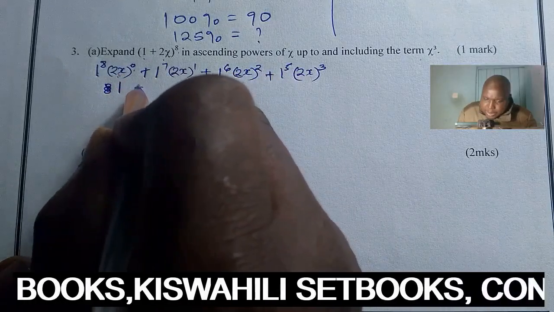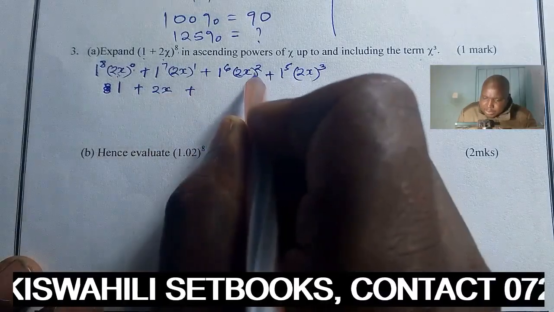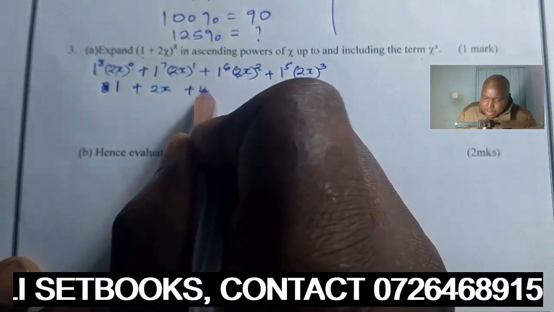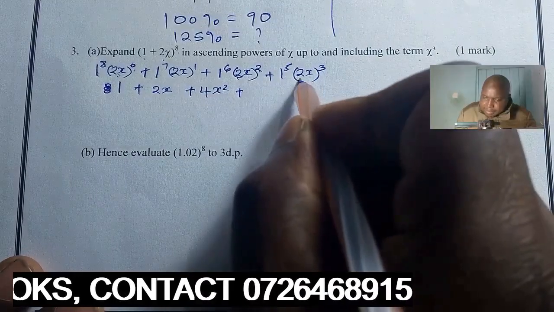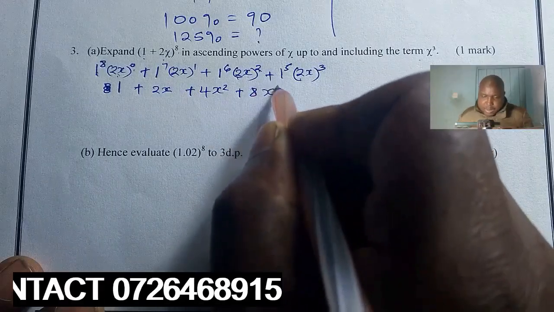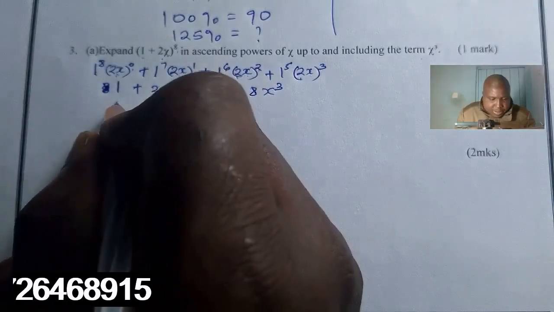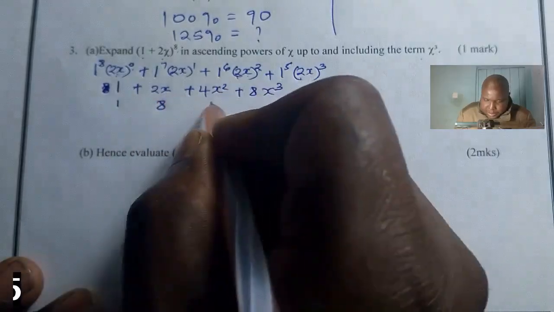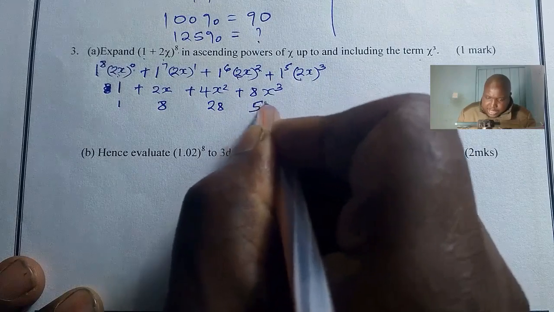Plus 2x, plus this is 4x squared, plus this is 8x cubed. Now remember to put the coefficients. The coefficient is 1, 8, 28, 56. The coefficients of 8.